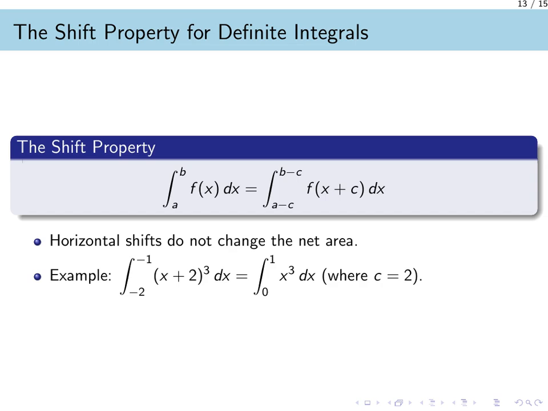The new limits of integration are -2 and -1. Since these must equal a minus c and b minus c, the original limits a and b must have been 0 and 1. This perfectly matches the right side of the equation. Essentially, shifting the function and the interval of integration together preserves the definite integral's value.